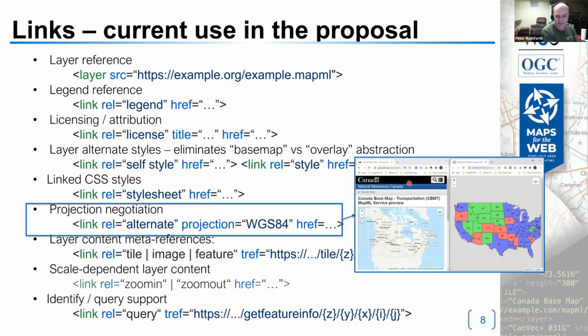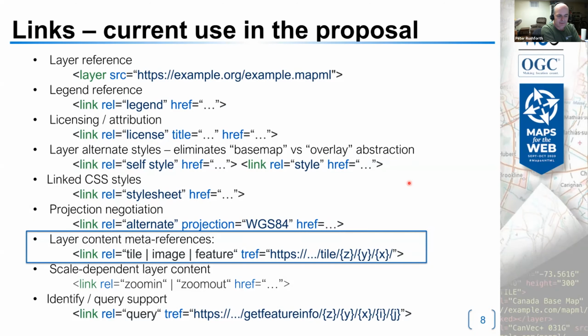So as a map defined by the browser would have a defined projection, if someone tried to add a layer that didn't match that projection, it wouldn't allow it to be drawn. It would just be inert. But if the incoming URL or content supported alternate projections, it would simply follow the appropriate alternate and use that instead.